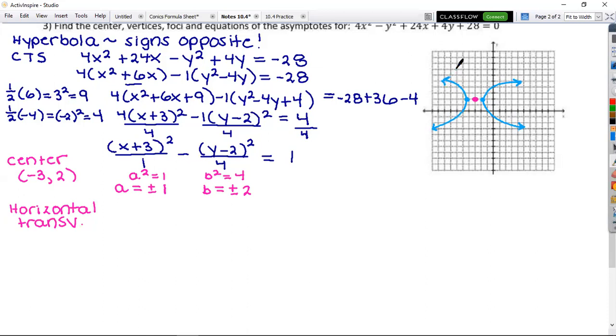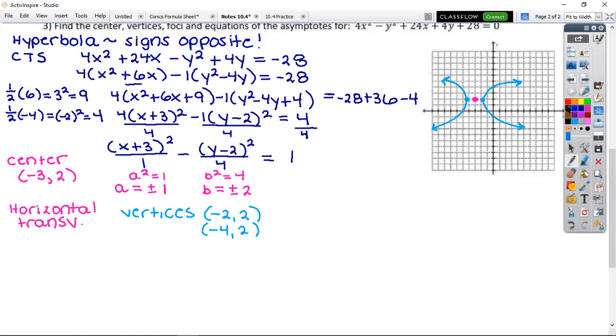Where were those at? Let's see, negative 2, 2. So I'll say vertices are at negative 2, 2. And the other one must be negative 4, 2. Yes. So negative 4, 2. Okay, got that. Next thing we need are your foci. And then lastly is your asymptotes.